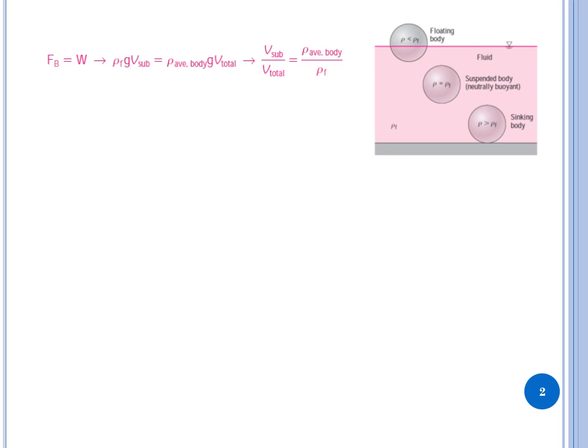So the buoyancy force is the force of the body which is acting upward, and it is equal to the weight of the fluid displaced by the solid. So Fb is basically weight of the fluid, which is rho f g V, and here V is the volume of the submerged solid object, and it should be equal to the weight of the body, which is equal to the density times g times total volume here.